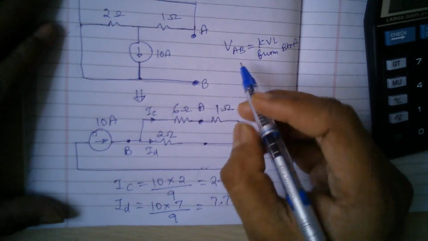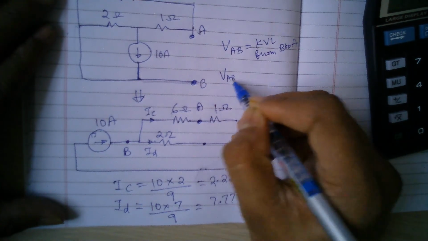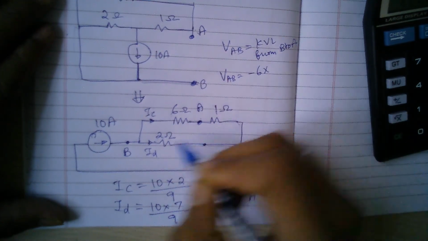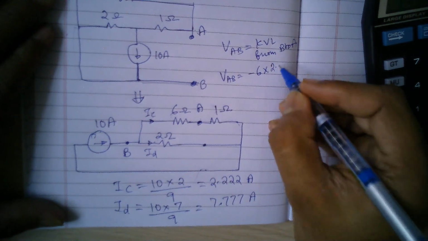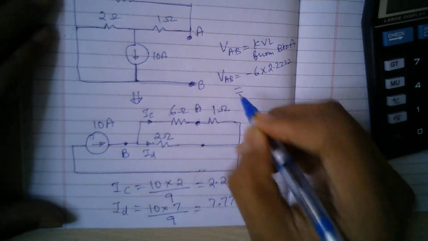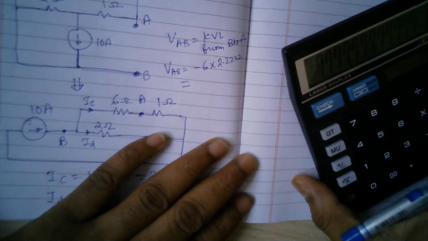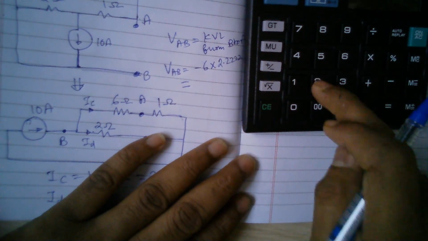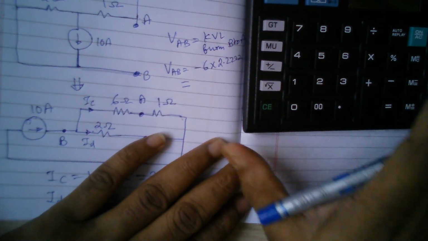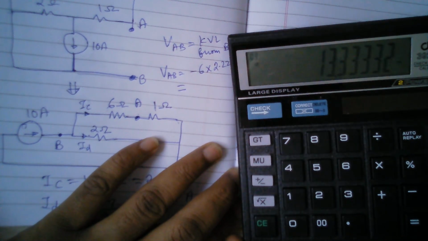So VAB will be negative. So VAB is nothing but minus 6 into, what is the current? 2.2222. So that will be 6 into 2.2222. So 13.33 is the voltage.